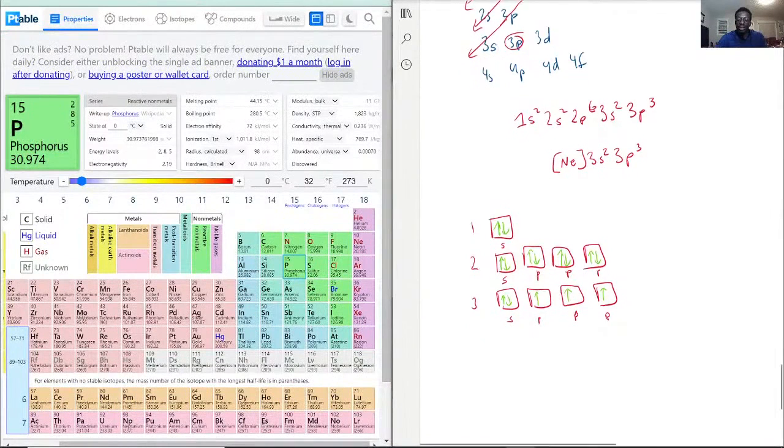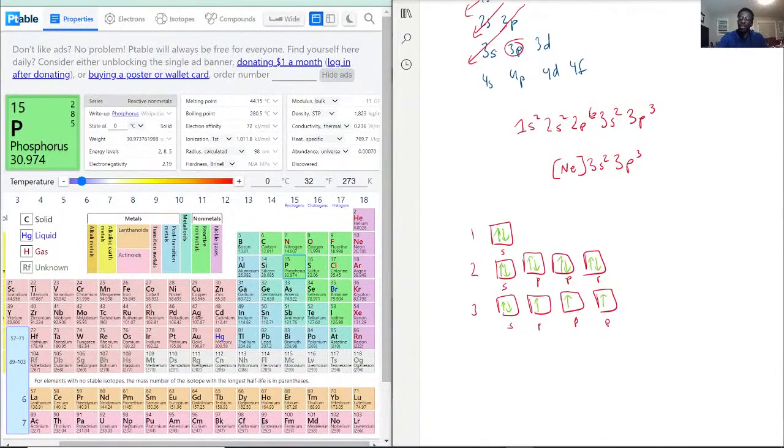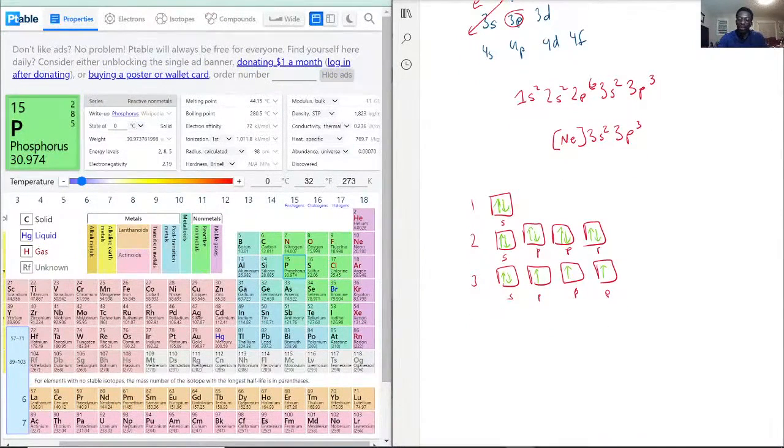So with that being said, for the noble gas notation, think of it as we start with the 3. We just say that it starts with neon, and then we have our boxes again. And then, shoot, forgot one more box.